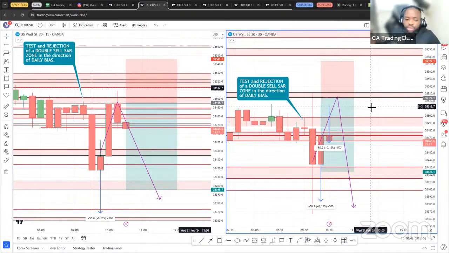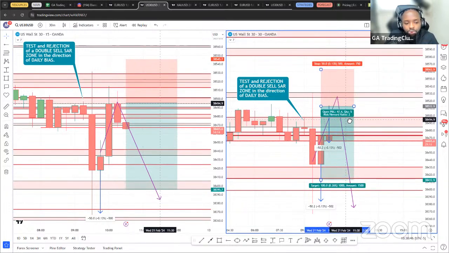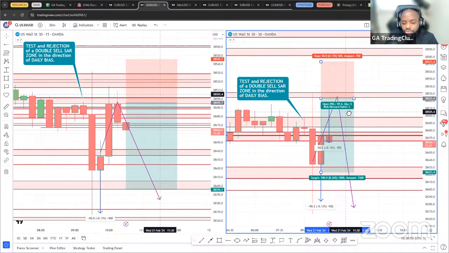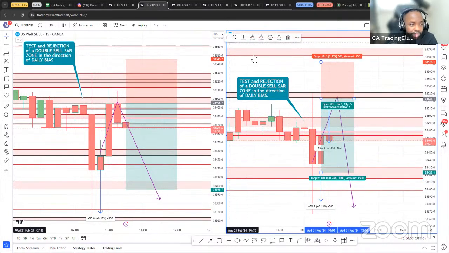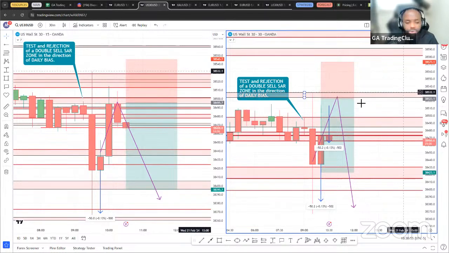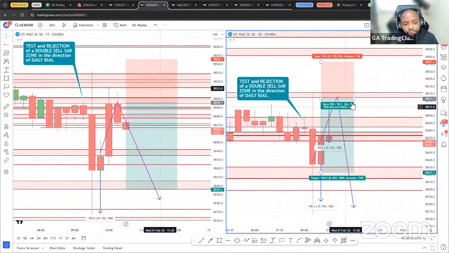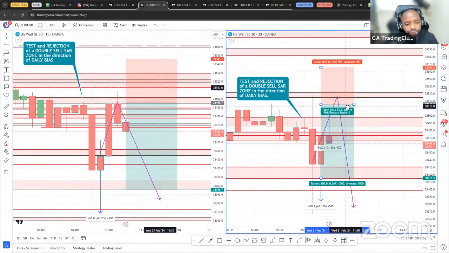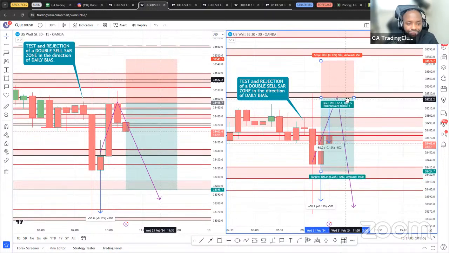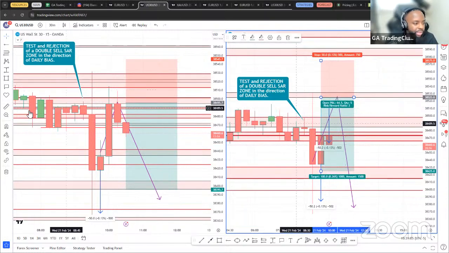Yeah, so it's already gotten to like a 1:1, or like a 50 pip drop. So this wasn't too far, but I wanted it to get to that zone that I was looking at. So at this point, I'm not going to wait for it to come back up. This would have been a nice place, but I just wanted it to get to that particular zone.